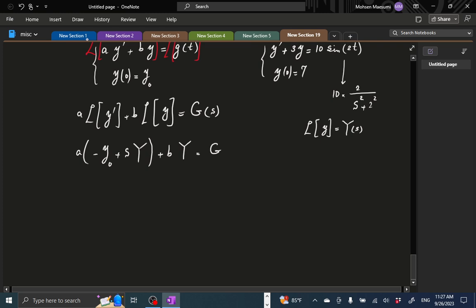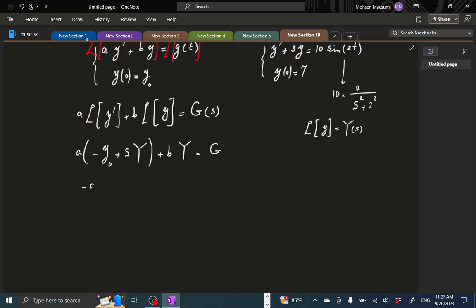So what do we do here? We find Y. We say, okay, minus a y0 plus a s Y plus b Y is equal to G. Our objective is to find the function y, like here, what is the function that produces this right hand side? This is a given quantity which we find the Laplace transform of, and then here we go ahead, and this is going to be a number, goes to the right hand side, and the rest of them I can factor.